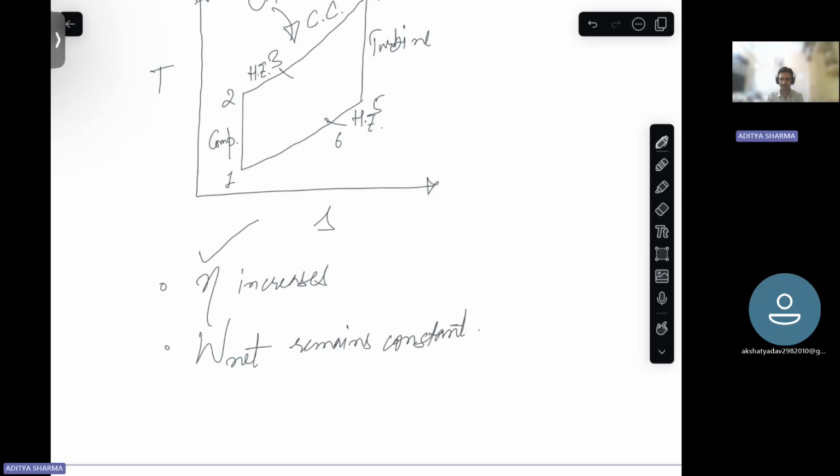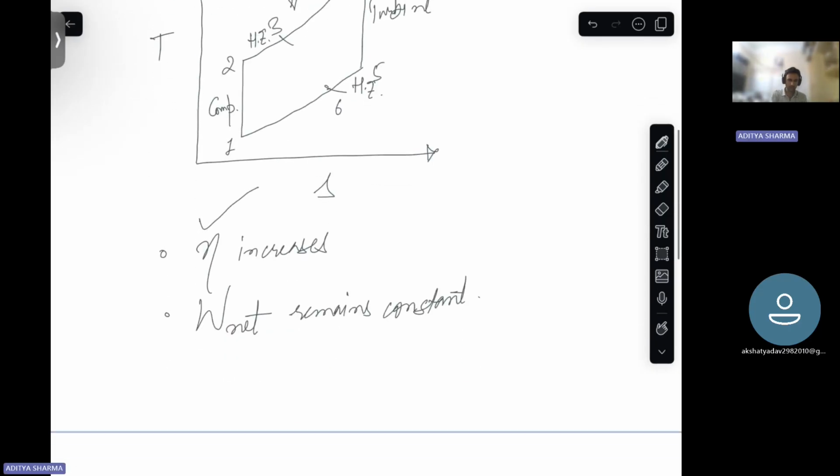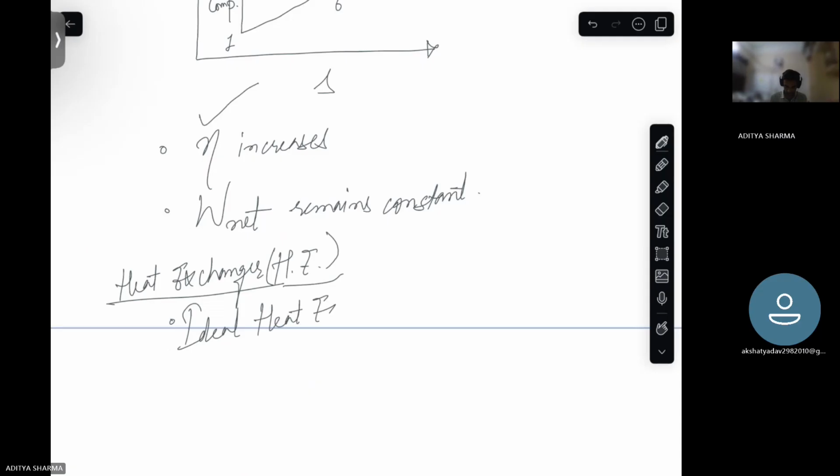Then effectiveness of heat exchanger has been discussed, and one thing that we can notice in your heat exchanger, if you talk about an ideal heat exchanger, is that these two takeaways are there.